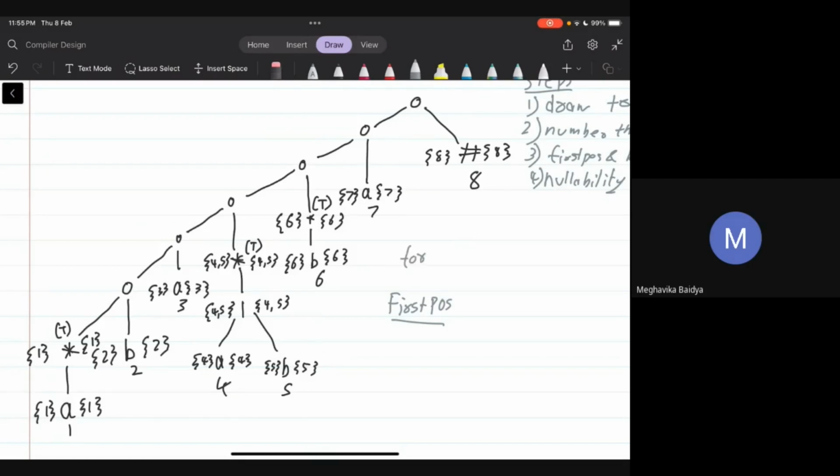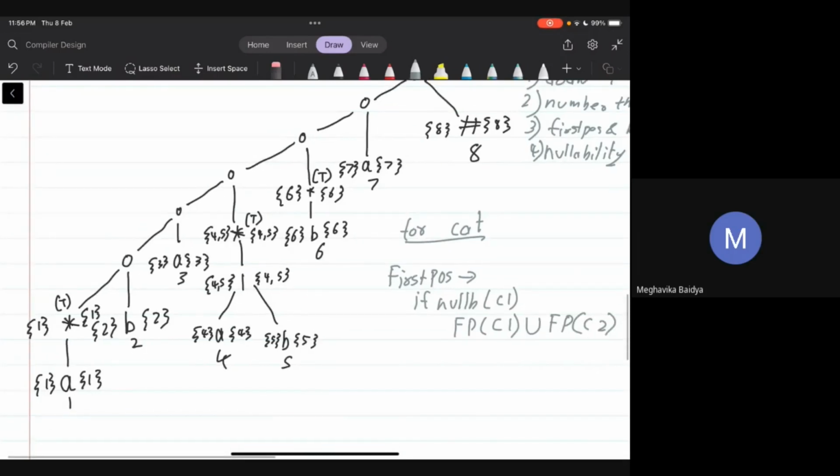For cat, which is concatenation, first pos will be: if nullability of C1 is true, then you take first pos of C1 union first pos of C2.